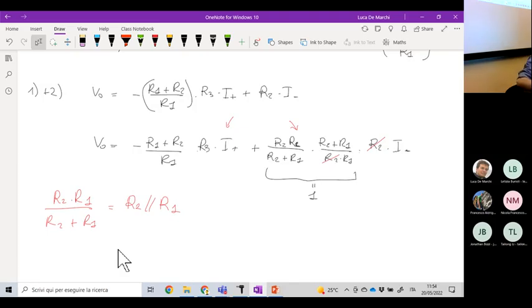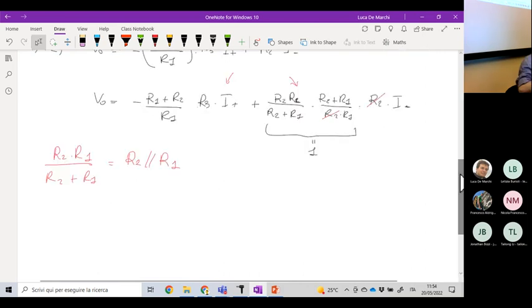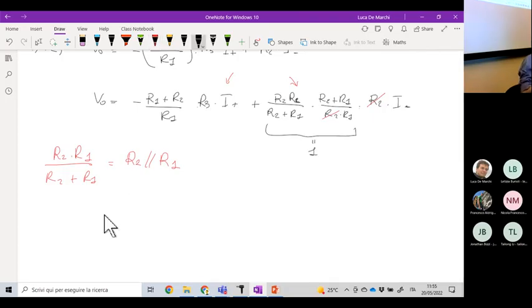Okay, so now let's rewrite the initial expression again by collecting this term.